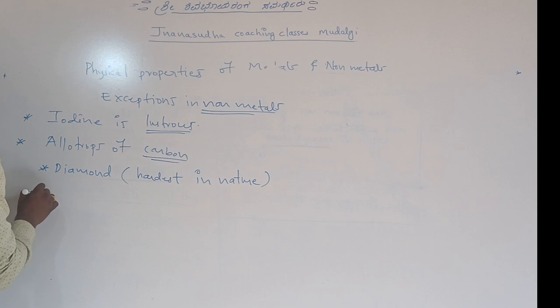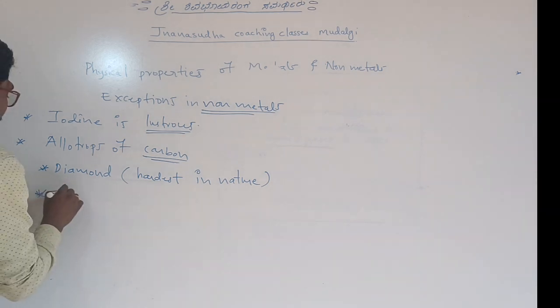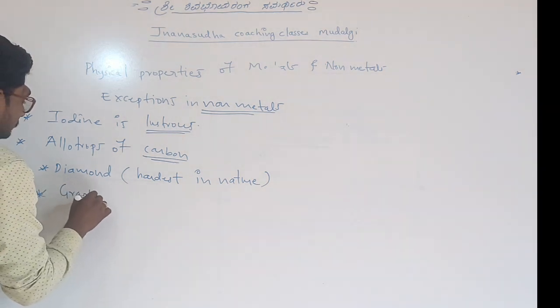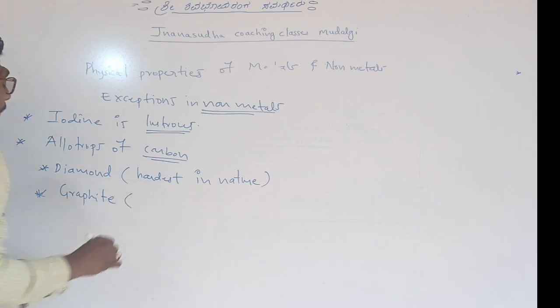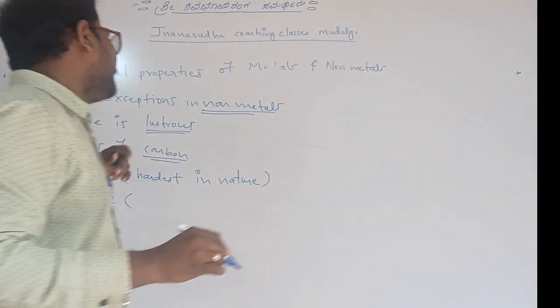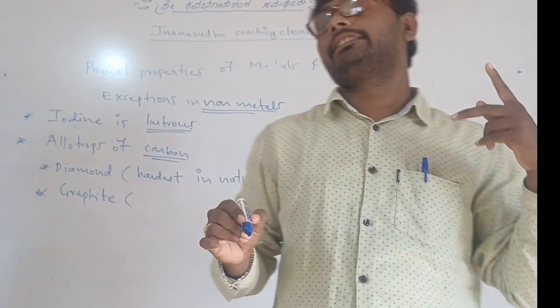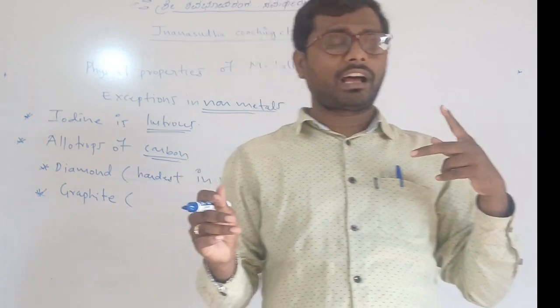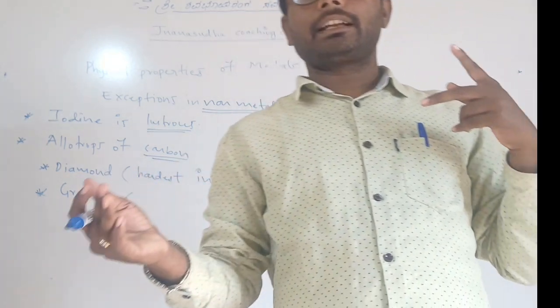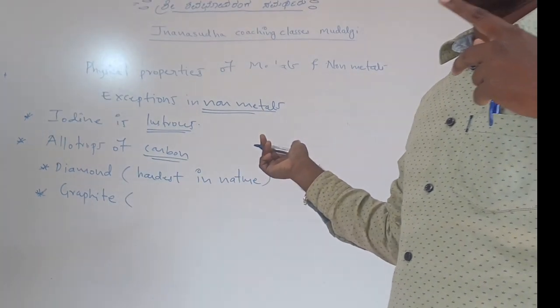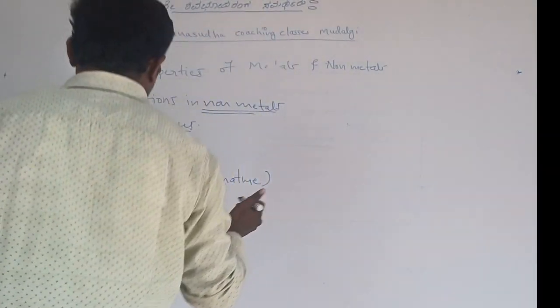The other one is graphite. Graphite is an exception because almost all non-metals are bad conductors, but graphite is a good conductor of electricity.